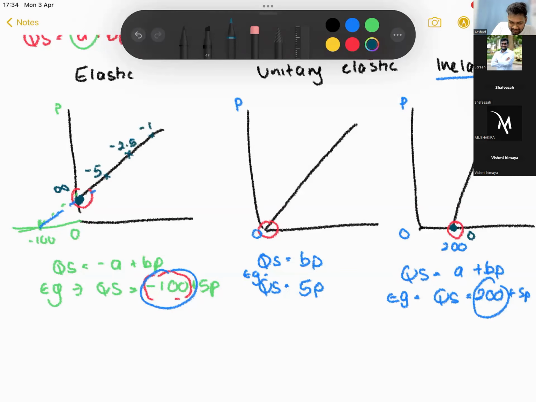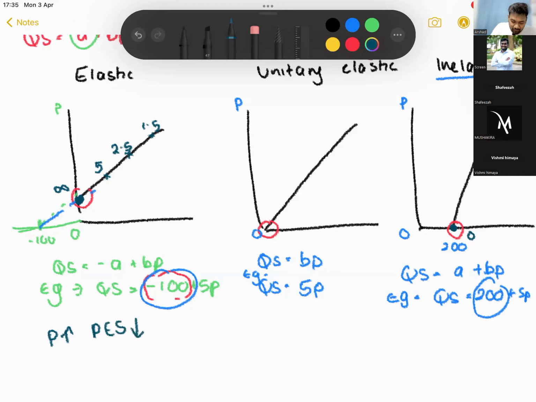Here it can be 1.5. It will be more than 1, but it will continue to decrease along the supply curve. So in an elastic curve, remember, as price increases, PES goes down, right?